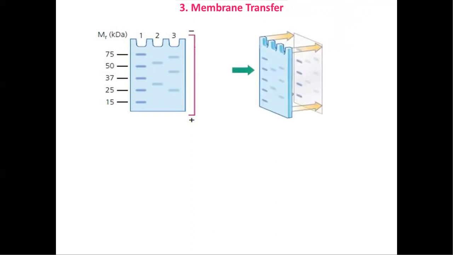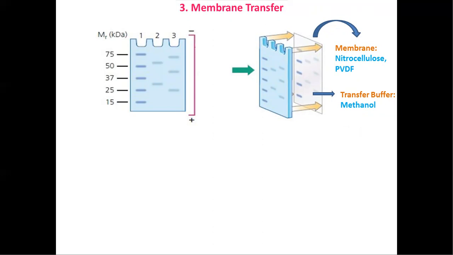The most commonly used membrane is made of nitrocellulose, sometimes PVDF, polyvinylidene difluoride, is used as the membrane component. The whole transfer process is done in a buffer tank containing transfer buffer with methanol, which facilitates protein binding on the membrane.